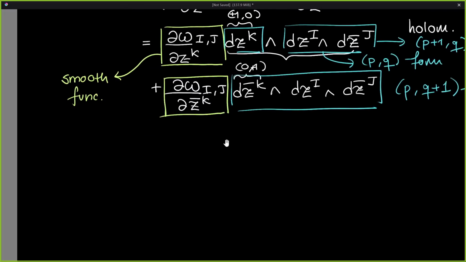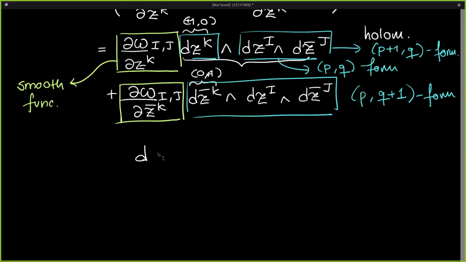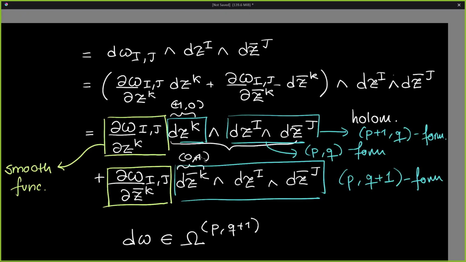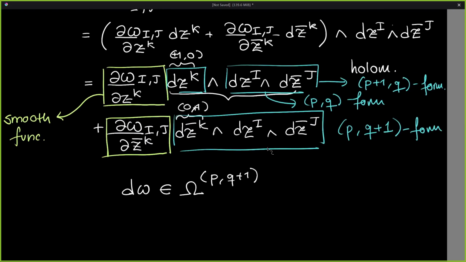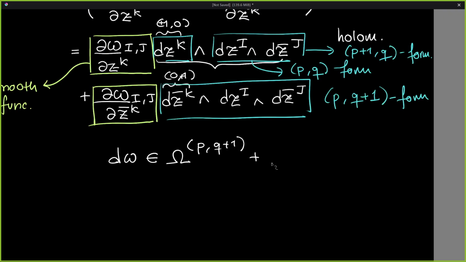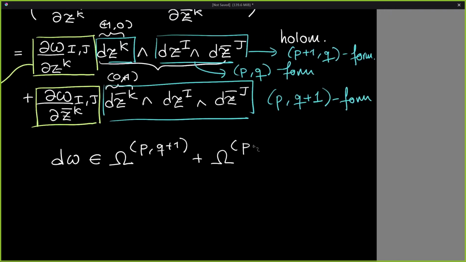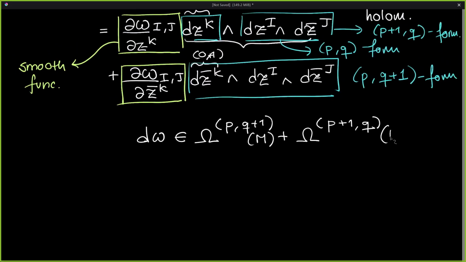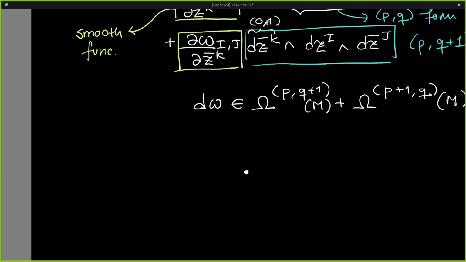Therefore, D of omega is an element of omega P Q plus 1. So here we've actually checked every term, right? We didn't skip over any term. So this is completely rigorous. I keep wanting to write Q in the first slot. P plus 1 Q, right. And then there's an M here. Maybe let's put that there for once.